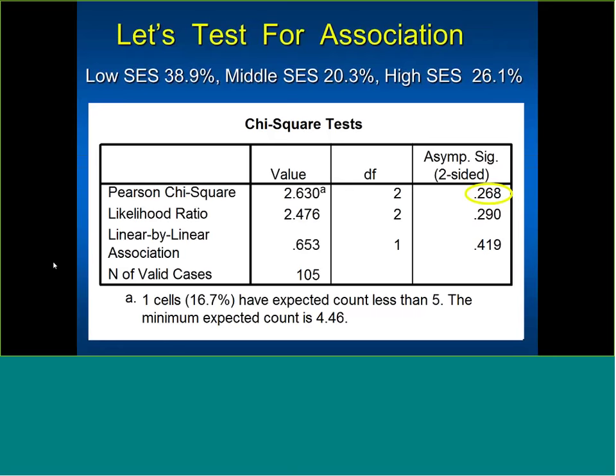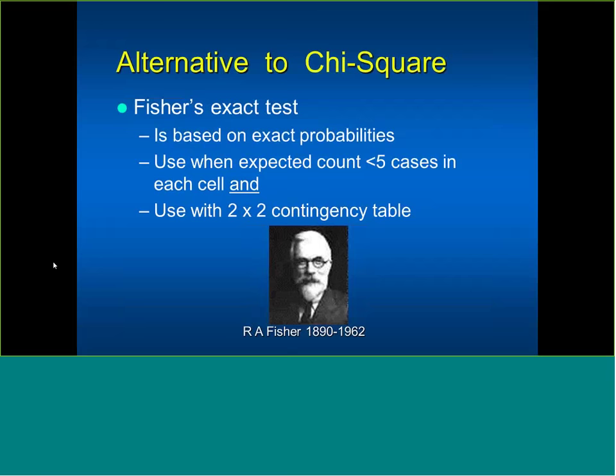So that's a very common statistical test to use, the chi-square. Now, I said that there's a problem if you don't have enough subjects in each of those cells, if you have a number of cells that are less than 5 subjects in each. So there is a way around this, and it's called a Fisher's exact test. It's named after a statistician, Fisher, and it's based on what are called exact probabilities.